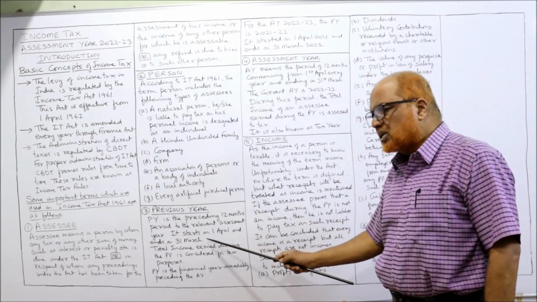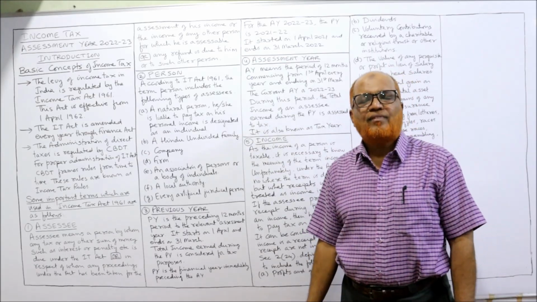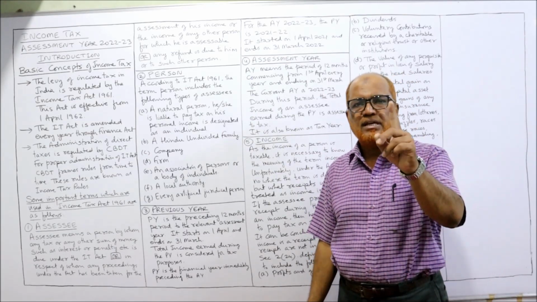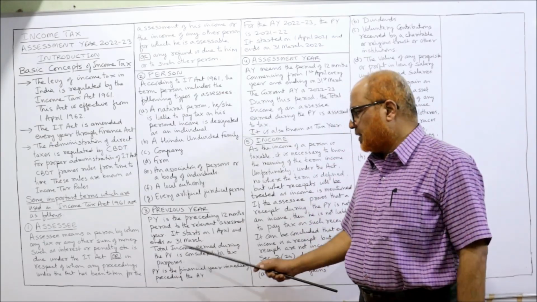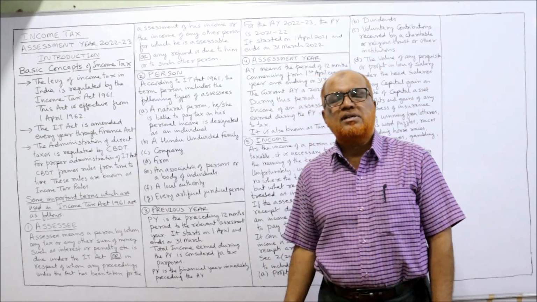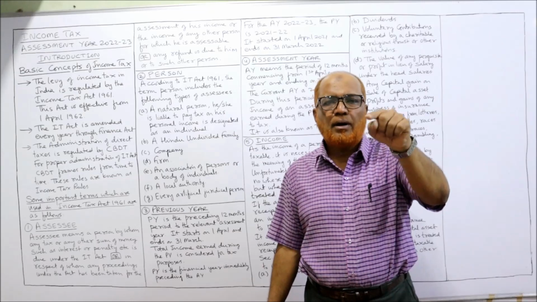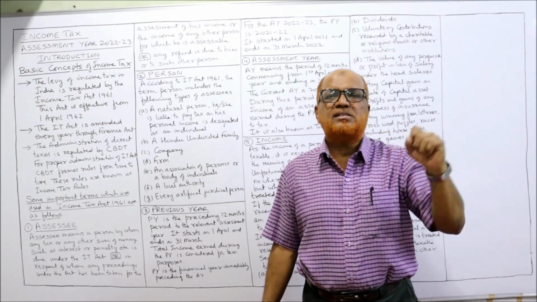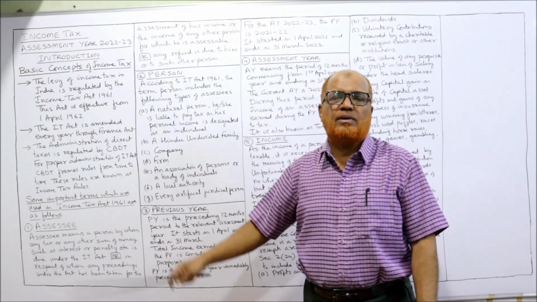It starts from 1st April and ends on 31st March. The financial year will begin from 1st April and end on 31st March. And total income earned during the previous year is considered for the purpose. For income tax purpose, the income earned during the previous year is assessed to tax in the assessment year.